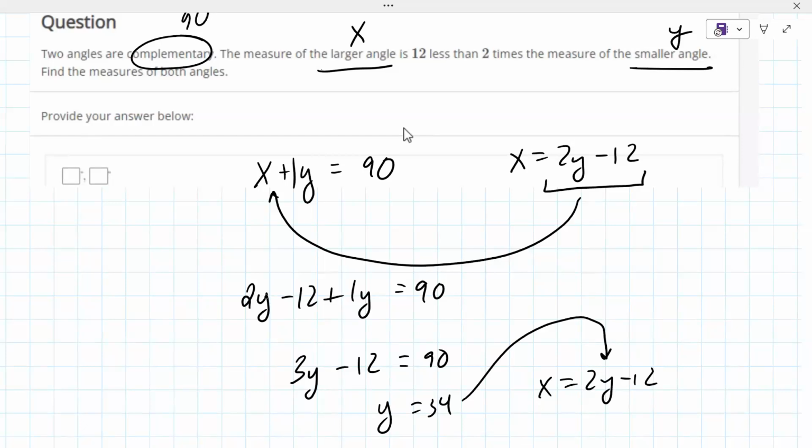I got 56. It's 56, good. So 34 and 56. So that would be the answer, 34 and 56.